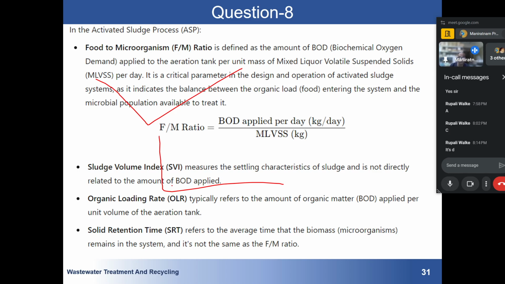Then we have sludge volume index, which measures the settling characteristics of sludge and is not directly related to amount. This is simple. You might be doing this kind of experiment in your BTech also: a wastewater sample will be given to you in a conical-shaped flask, and wastewater is added to it and then allowed to settle, so it looks like this.